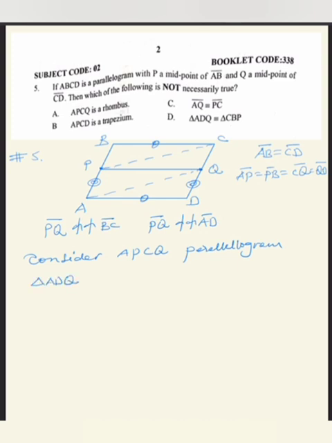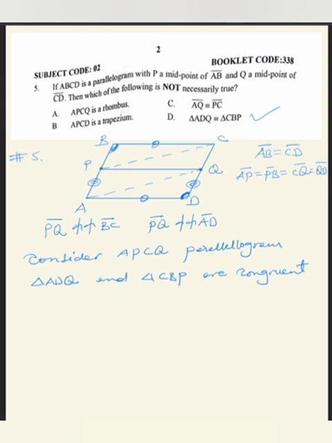You can also compare and contrast triangle ADQ and triangle CBP. Okay, since angle D and angle B are the same and the sides AD and BC are the same, these two triangles are congruent by side angle side. ስለዚህ automatically D ላይ ያለው statement true ይሆናል.